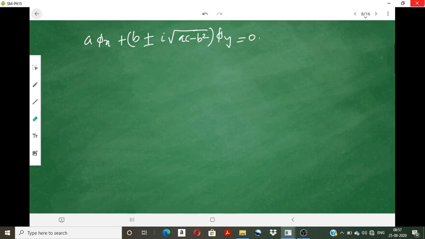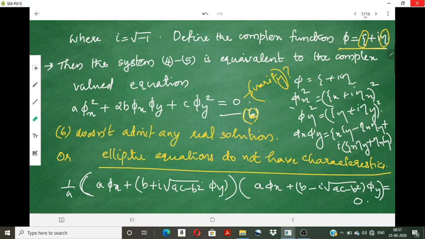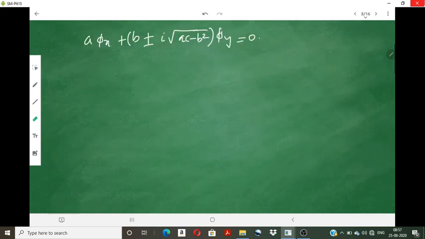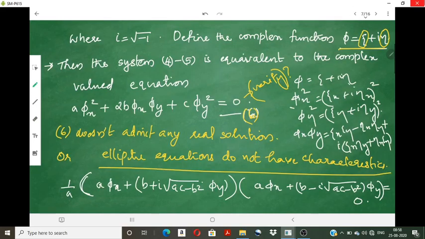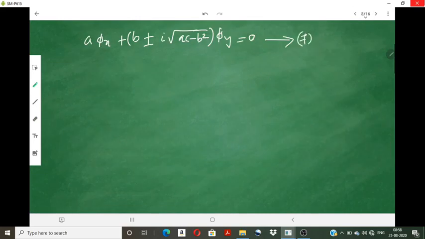We can consider this as a first order linear equation with real analytic coefficients, and solve it by the same procedure as in the real case. Moreover, the solutions of the two equations will be complex conjugates, so we need to solve only this one. Let this be equation number 7.